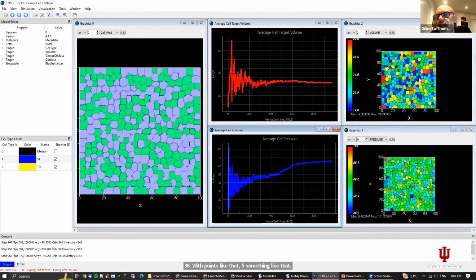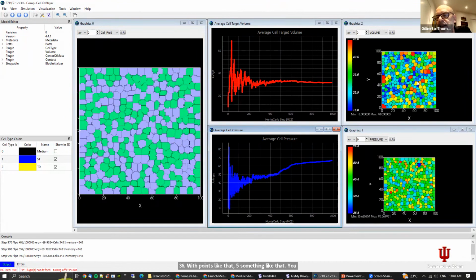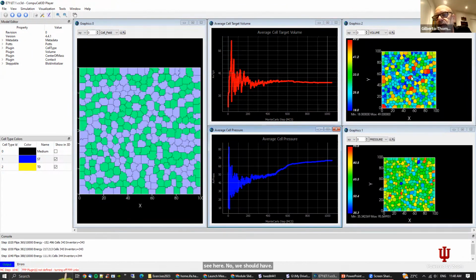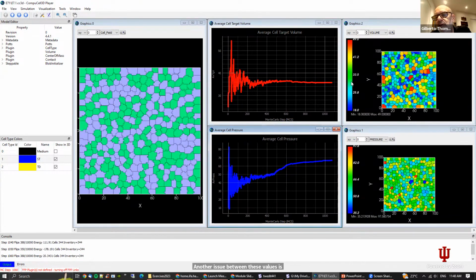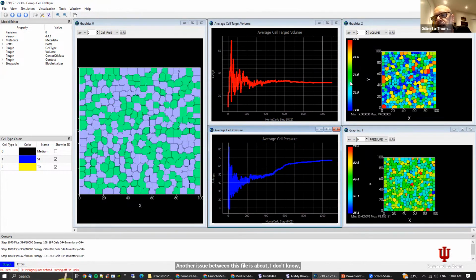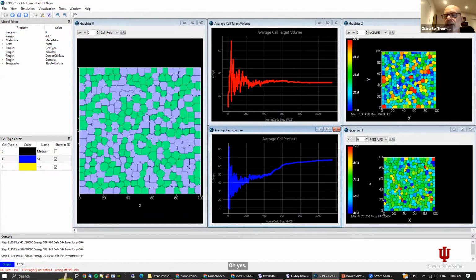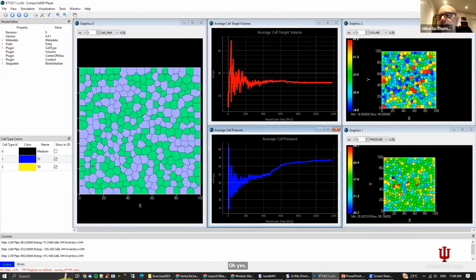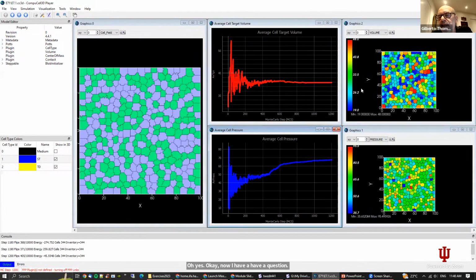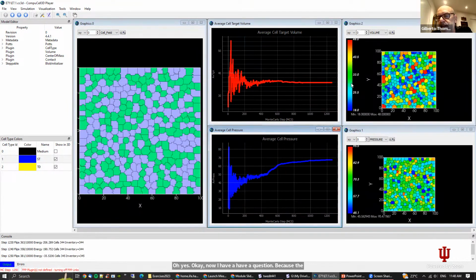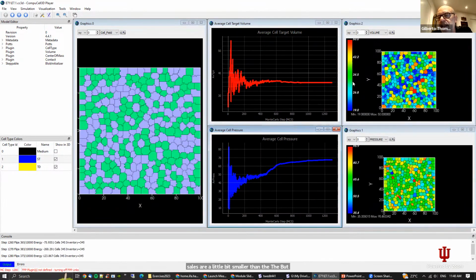You see here, which have an average between these values about, I don't know, maybe it's bluish. Oh, yes. Now we have a question here. Because the cells are a little bit smaller than the average size.